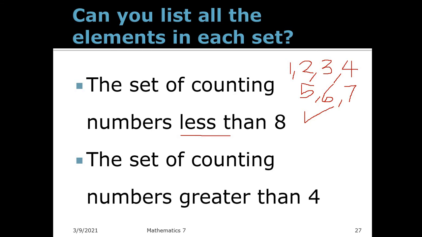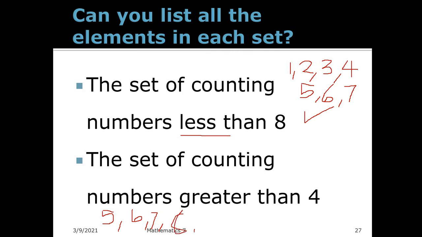So we can list down the set of counting numbers greater than 4. So we start with 5. So 5, 6, then 7, 8, and so on.